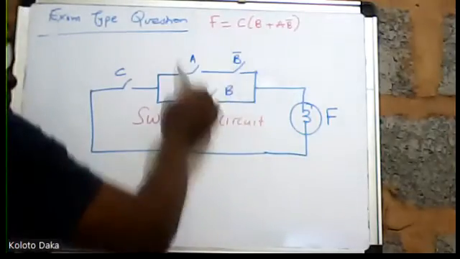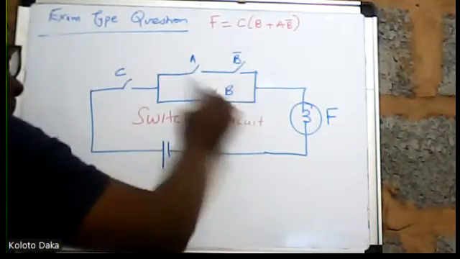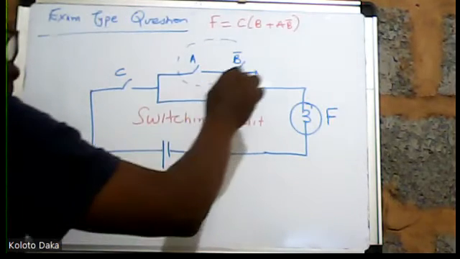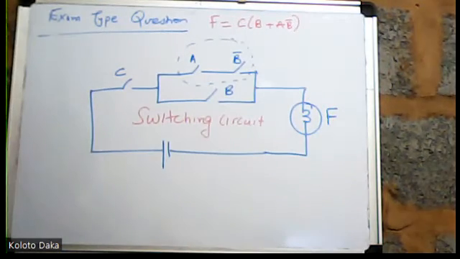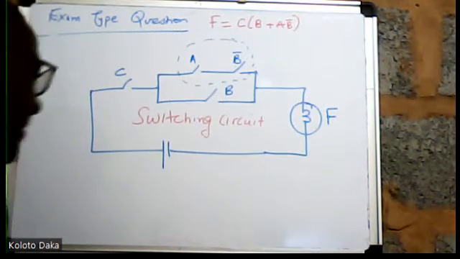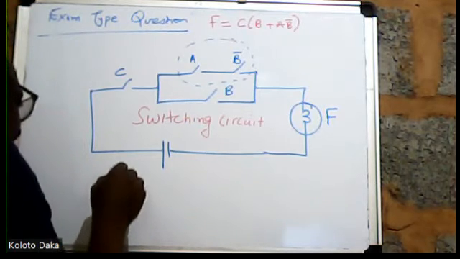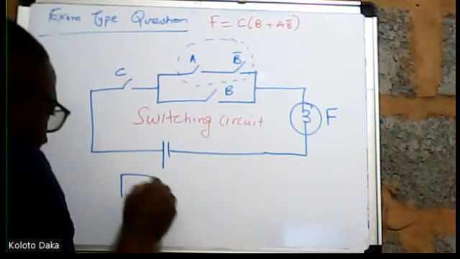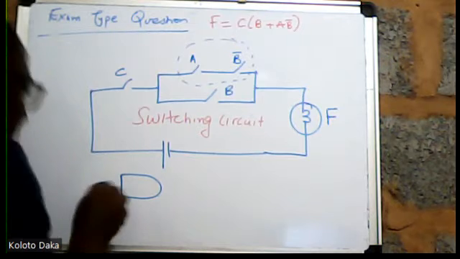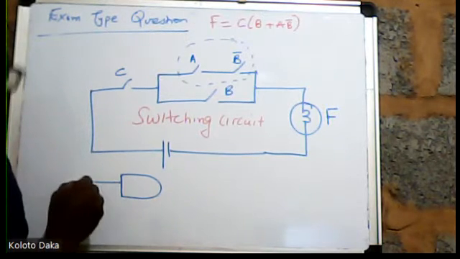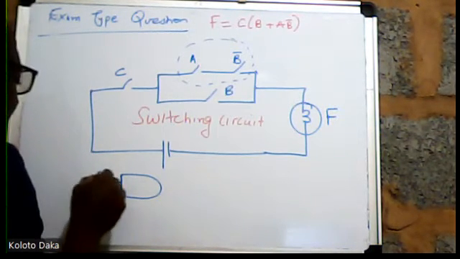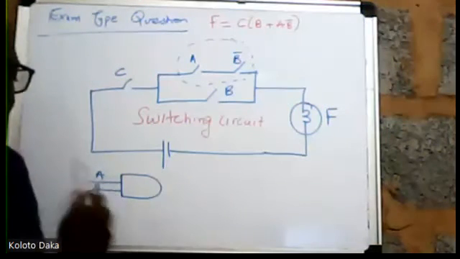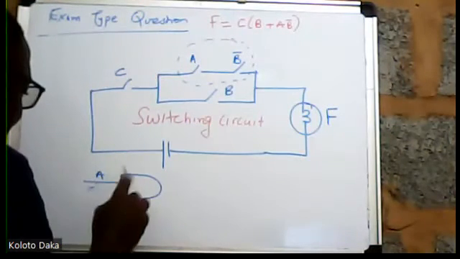So here there is an AND gate. This is an AND gate, because they are in series. The AND gate is straight like this. What are the inputs? A and B bar.